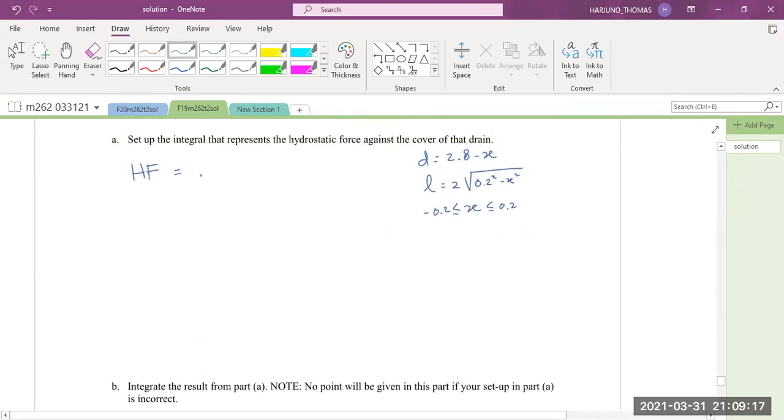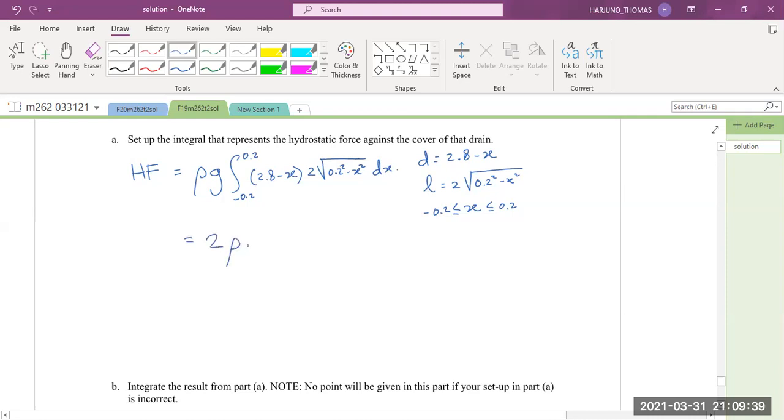So going back here, this is rho g integral negative 0.2 to 0.2, 2.8 minus x times the length. I will show you why they will be the same, but that's the setup first.